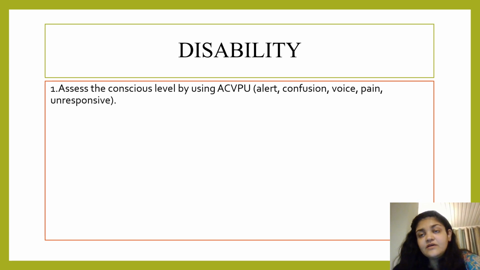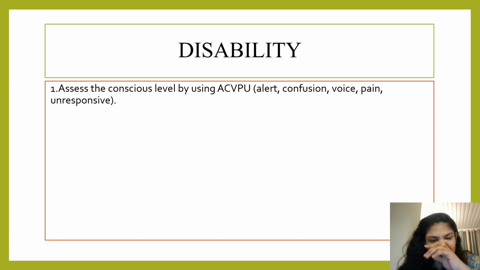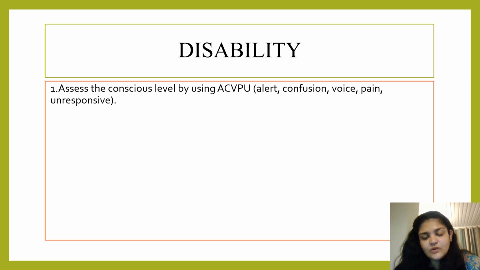In disability, we are reflecting the conscious level of the patient. We have to check the conscious level by asking the patient, can I ask you some questions please? You have to ask the patient, what's the time today, what's the date today, where are you, do you know who I am? These reflect the conscious level of the patient using alert, confusion, voice, pain, unresponsive.